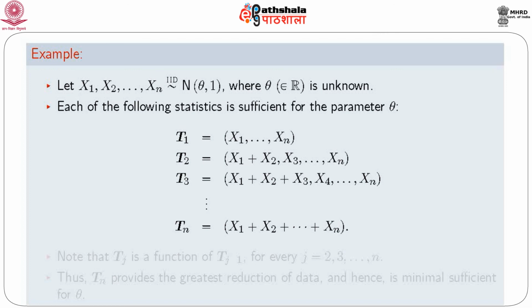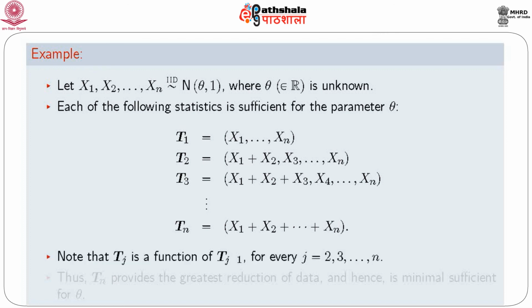T2 is of dimension n minus 1. T2 is a vector with elements X1 plus X2, X3 up to Xn. T3 is a statistic of dimension n minus 2. It is a vector with elements X1 plus X2 plus X3, X4 up to Xn. And finally, Tn is a one-dimensional statistic. This is just the summation over i from 1 to n of Xi.